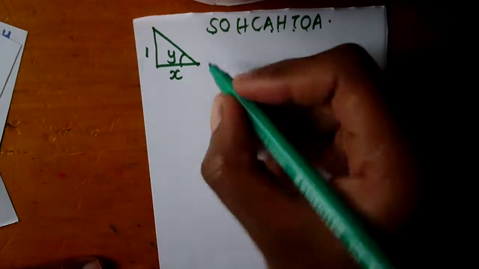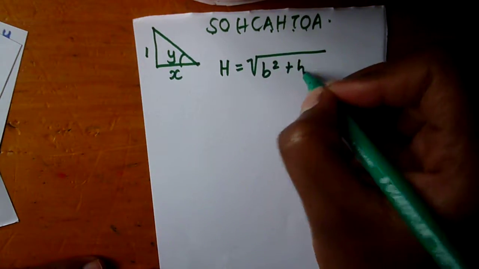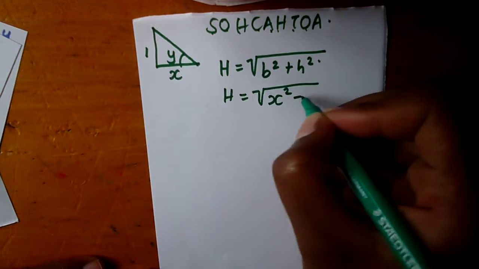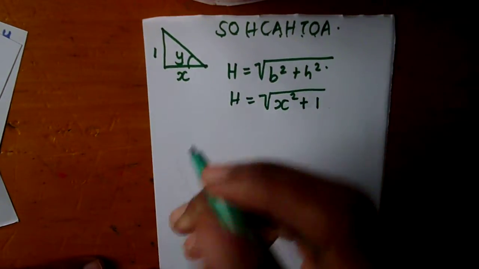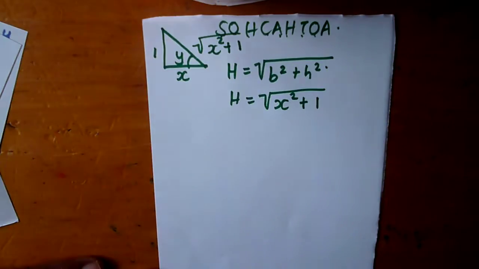The hypotenuse is the square root of base squared plus height squared, so it is the square root of x squared plus 1 squared, which is x squared plus 1.